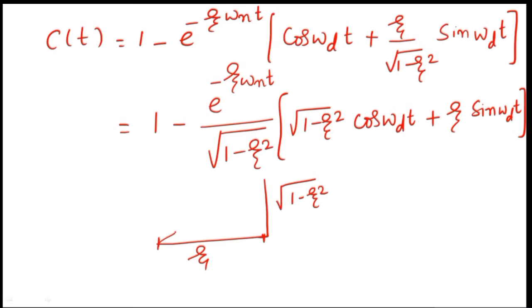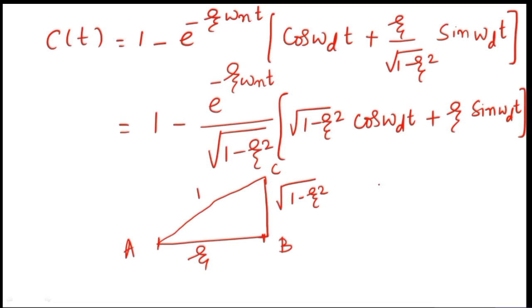Then this value will become 1. How will this become 1? That we see. I am assuming that zeta and square root of 1 minus zeta square are the sides of a triangle, so that AB is equal to zeta, BC is equal to root of 1 minus zeta square.